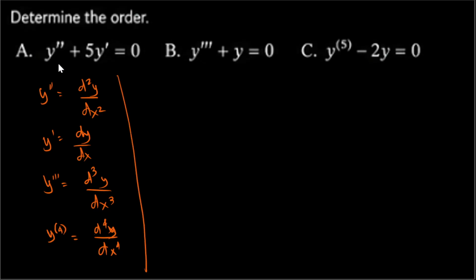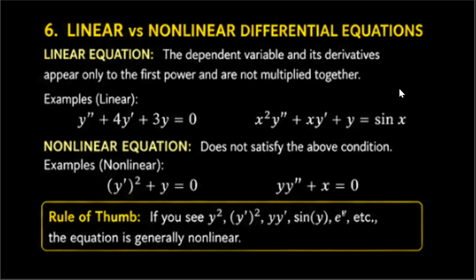For this one, this is second order, because the highest derivative is second order. Okay, for this one, this is triple prime, so this is third order. Okay, for this one, we have 5, so this will be fifth order.